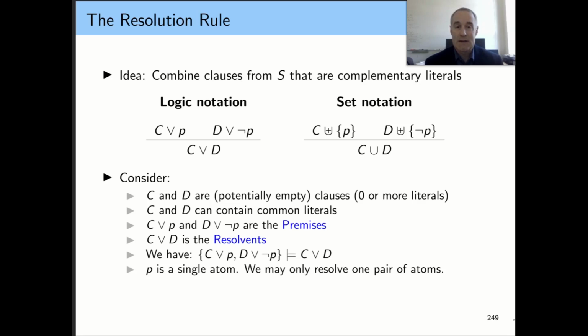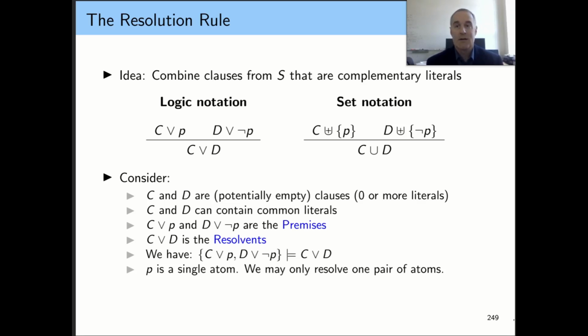So in this case, C and D are sets. They're variables that stand for a set of literals. They can contain duplicates. They can also be empty, right? You could have the very simple case that you find at the end of a process of doing resolution when you have an unsatisfiable formula or theory, where P and not P resolve to false, and you're done.